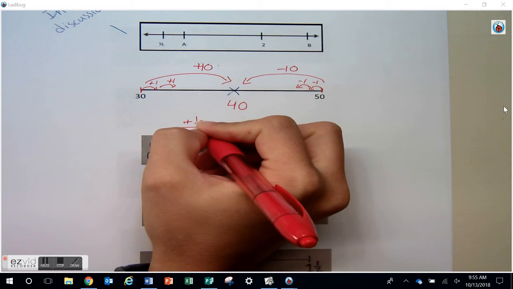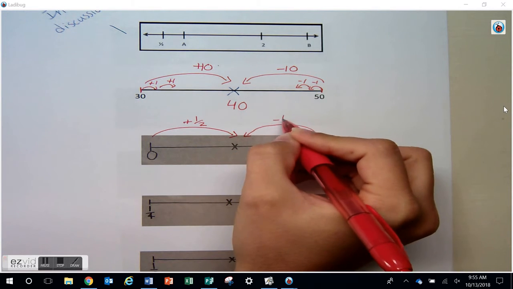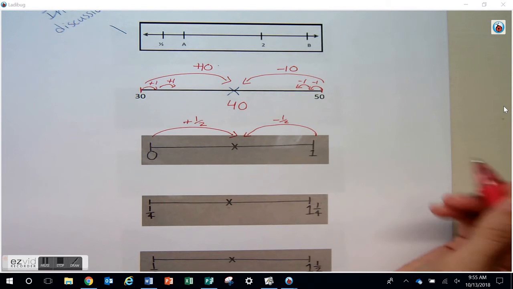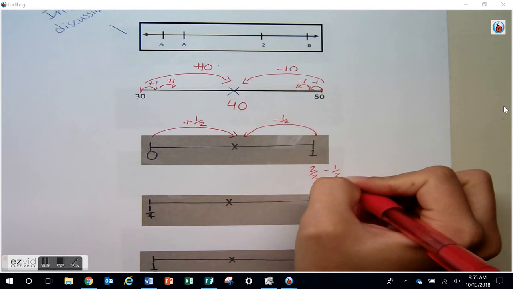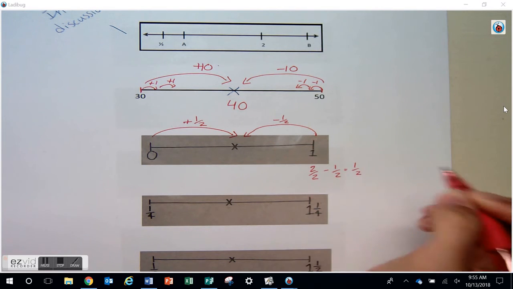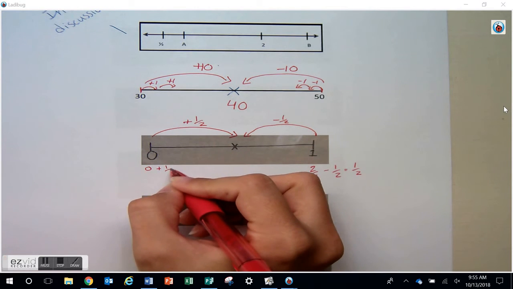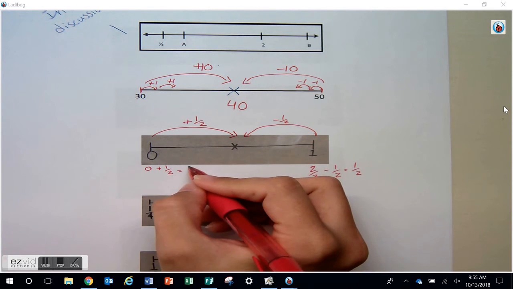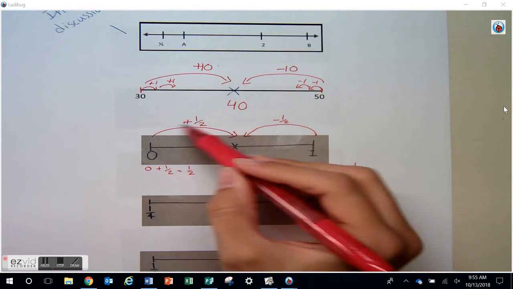What is 1 minus 1/2? Well, 1 minus 1/2, that's 2 halves minus 1/2 gives me 1/2. 0 plus 1/2 gives me 1/2. So I found my midpoint. I added the number and subtracted the number and found a middle point.